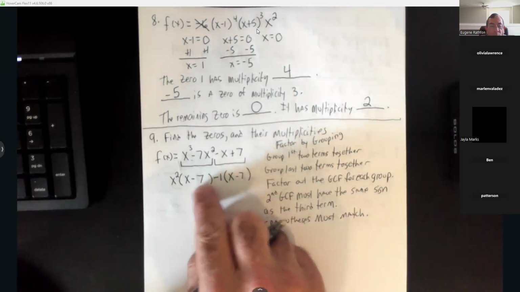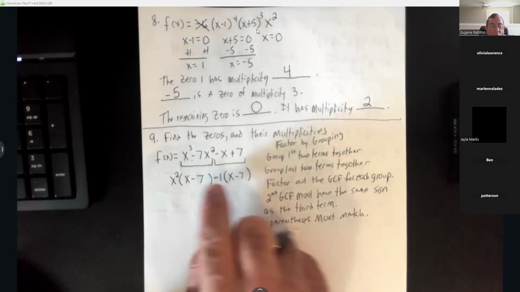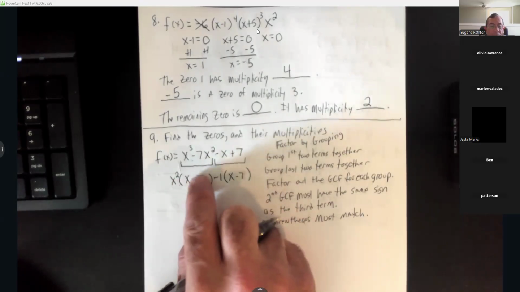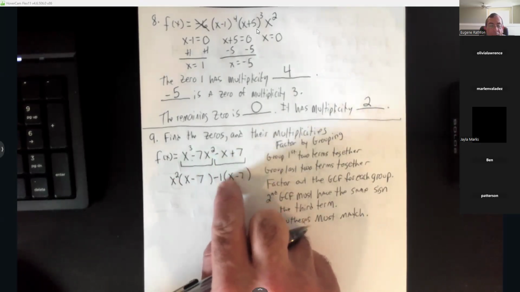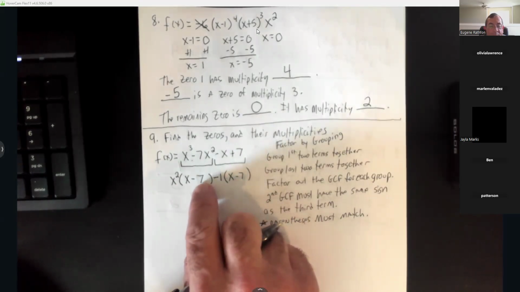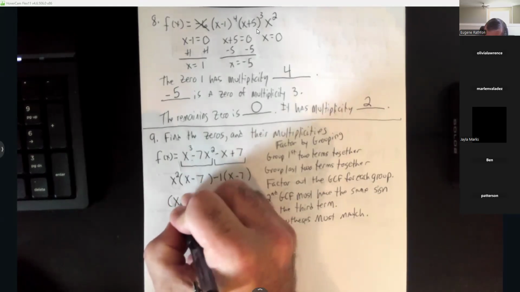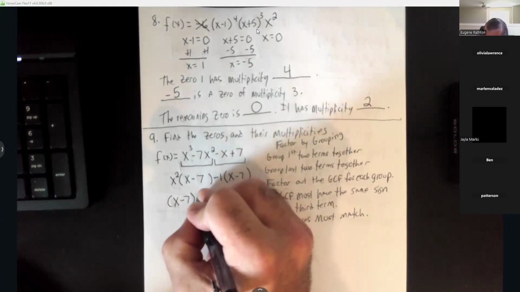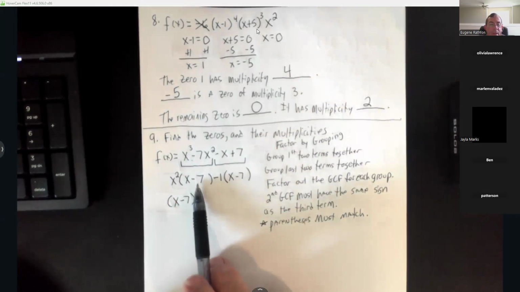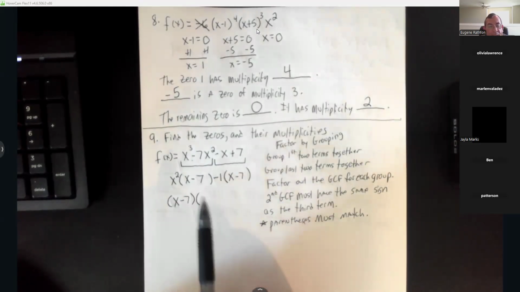All right, so now what you do, you got two big terms here. They both have in common x minus 7. So you're going to sort of factor out the x minus 7. So y'all, let me ask you this.